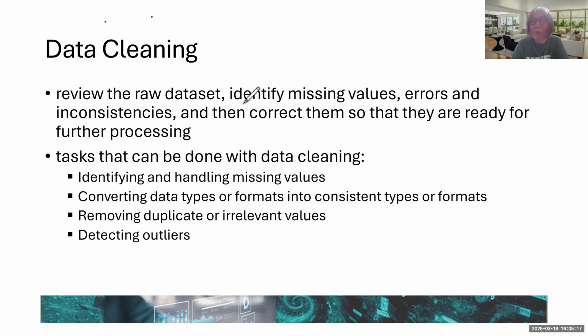So from those, you can identify missing values, errors, and inconsistencies. Okay, so after identification of missing values, errors, and inconsistencies, then we can correct them. So the general steps are review, identify, and correct.